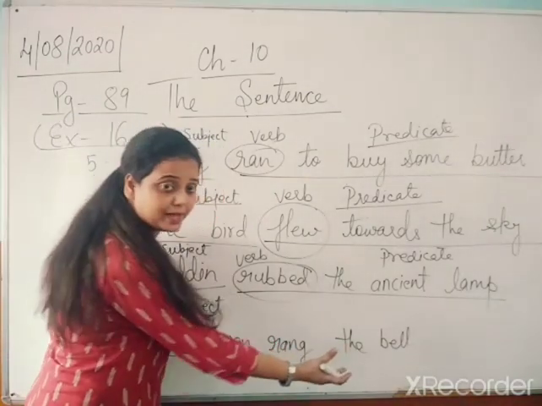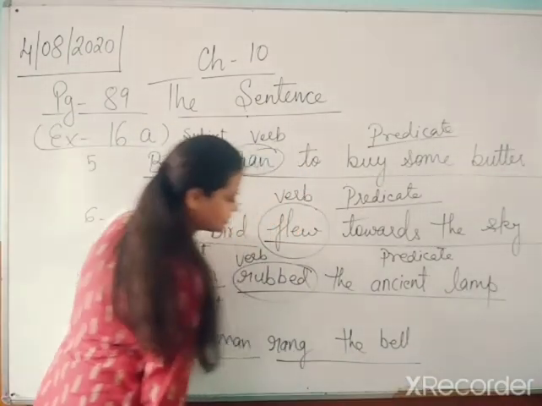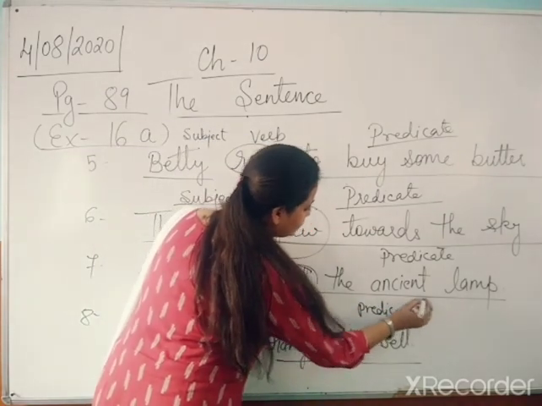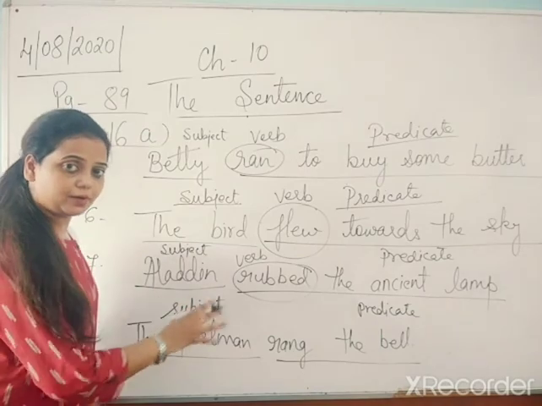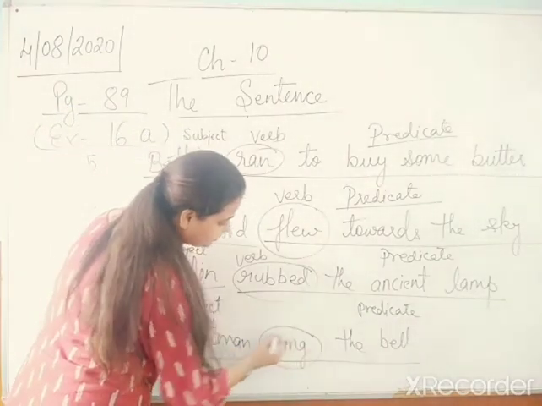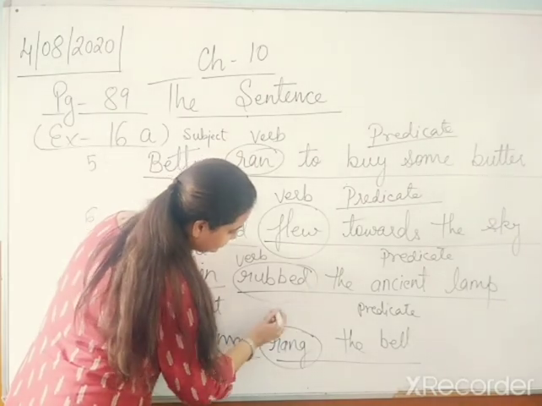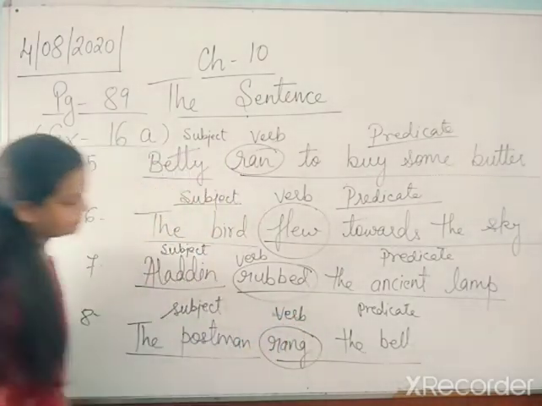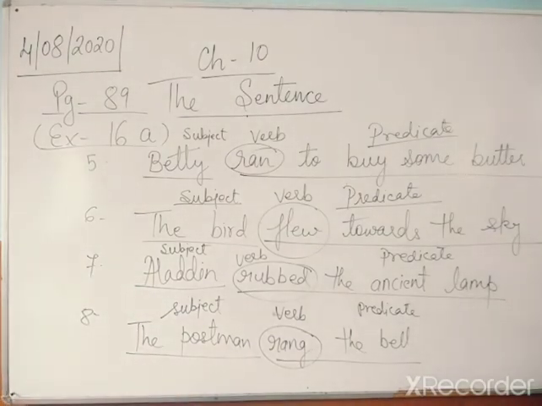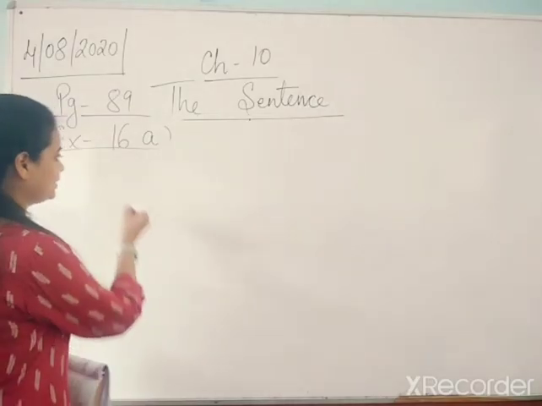That he rang the bell. So rang the bell is a predicate. Clear? Now you will get the verb from the predicate only. So where is the verb? Where is the main action? Rang. So rang is your verb. Clear? Now let's see the next one.